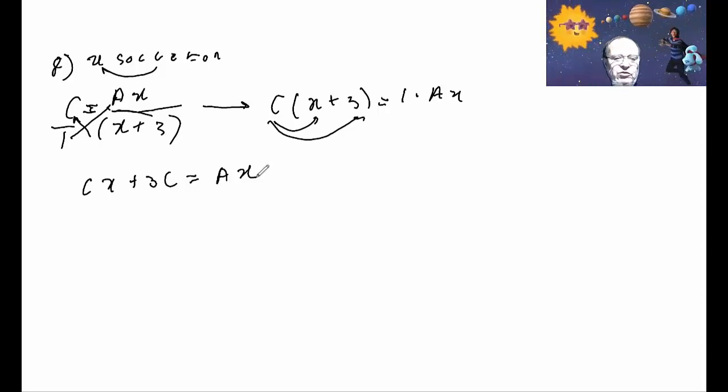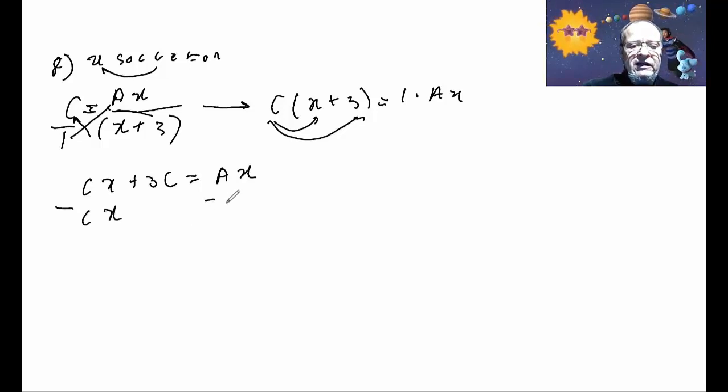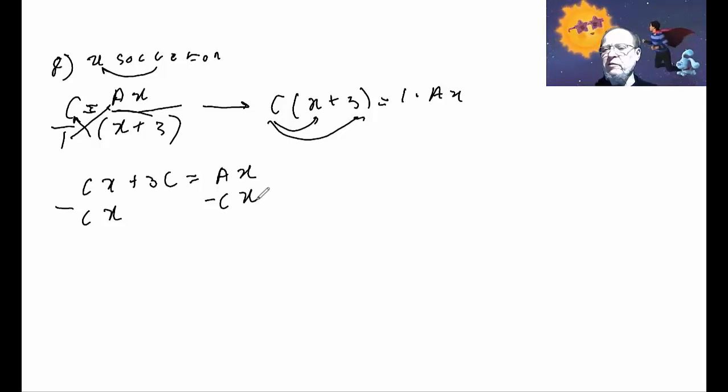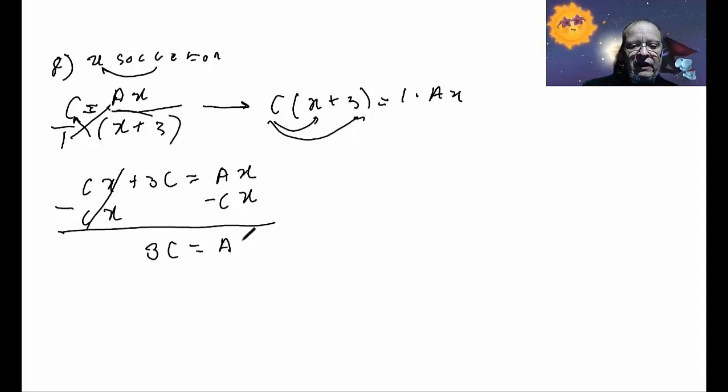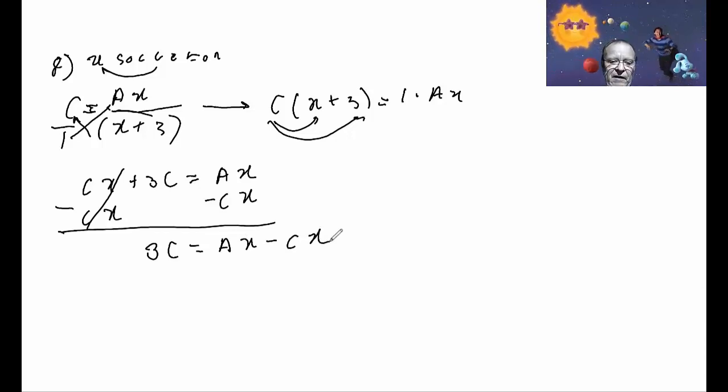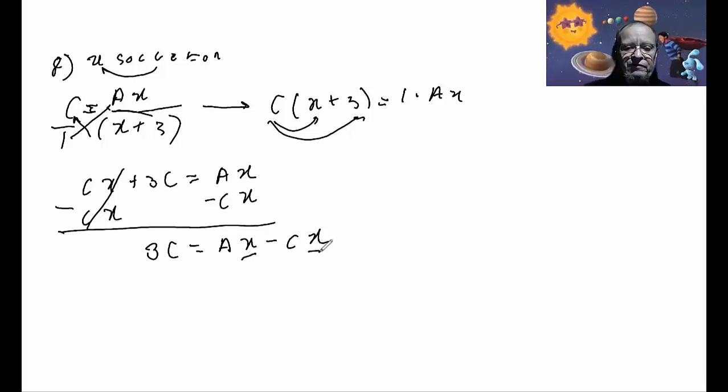Now what I will do is bring over all the x's on this side. So I'll subtract cx, just like I would if this was an algebraic problem with numbers. And I end up with 3c is equal to ax minus cx. Now, in order to isolate the x's, I'm going to factor them out.